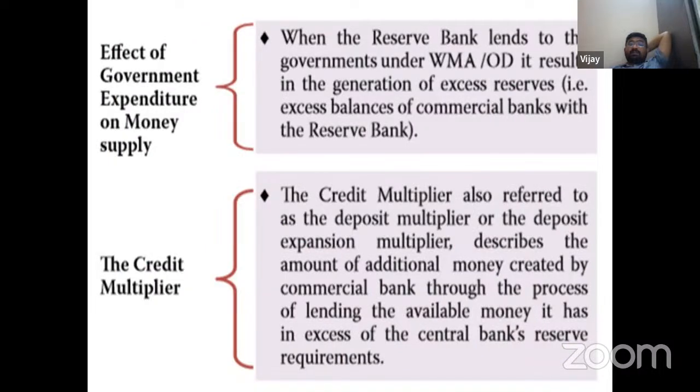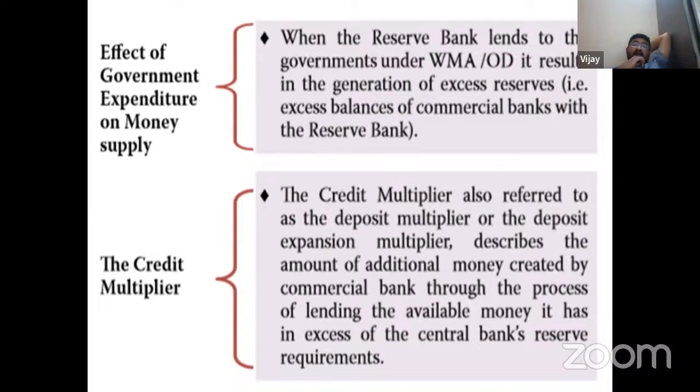Effect of government expenditure. Sir, when the Reserve Bank lends to the government by way of ways and means advance, that is WMA, or the overdraft facility, then it results in generation of excess reserve, excess balance of the commercial bank with RBI.